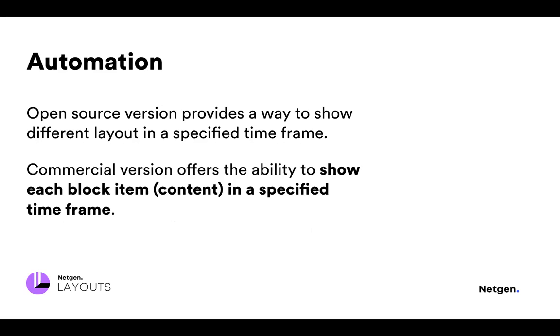And automation. In the open source version, what you saw today, the Christmas time frame, is included. That's how you time frame the layout. In the commercial version, you can time frame each block item, so for a block item, you can specify the time frame when it will show.